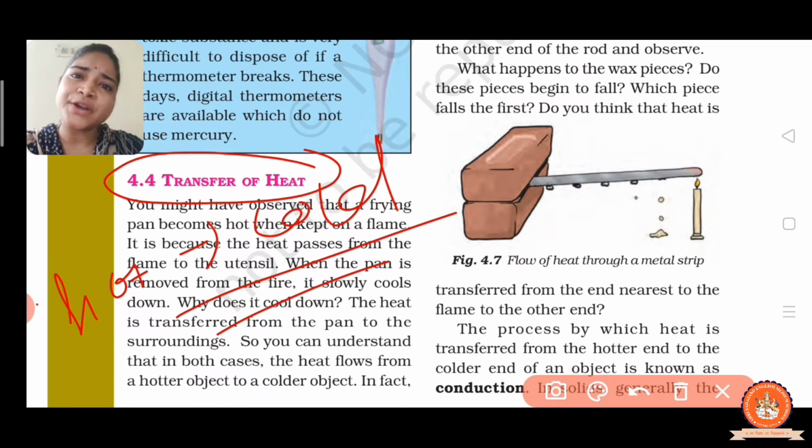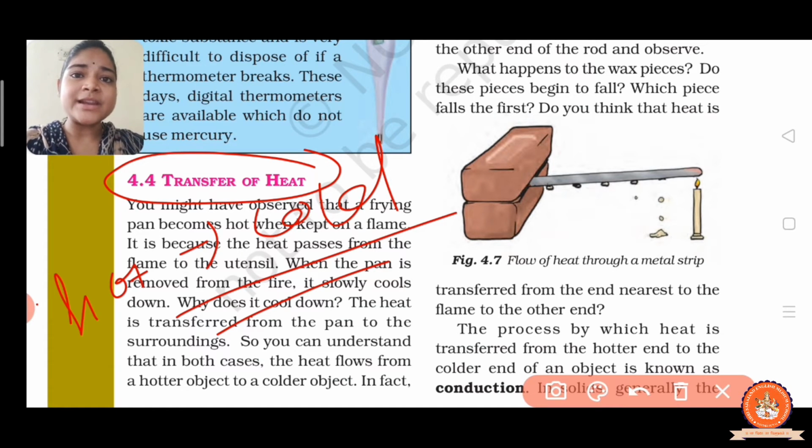Does the heat transfer continuously from one object to another object? The answer is no. So when does it stop? When both objects reach the same temperature, the transfer of heat will stop. Again I repeat, when both objects reach the same temperature, the transfer of heat will stop.